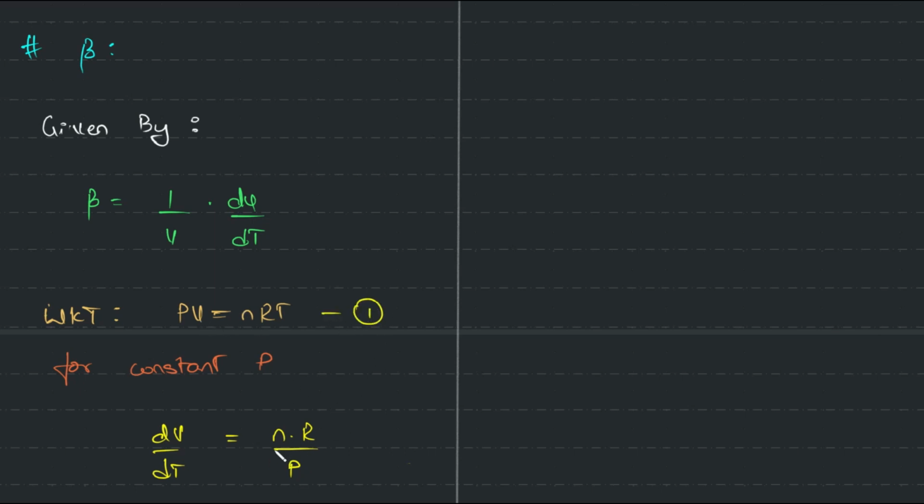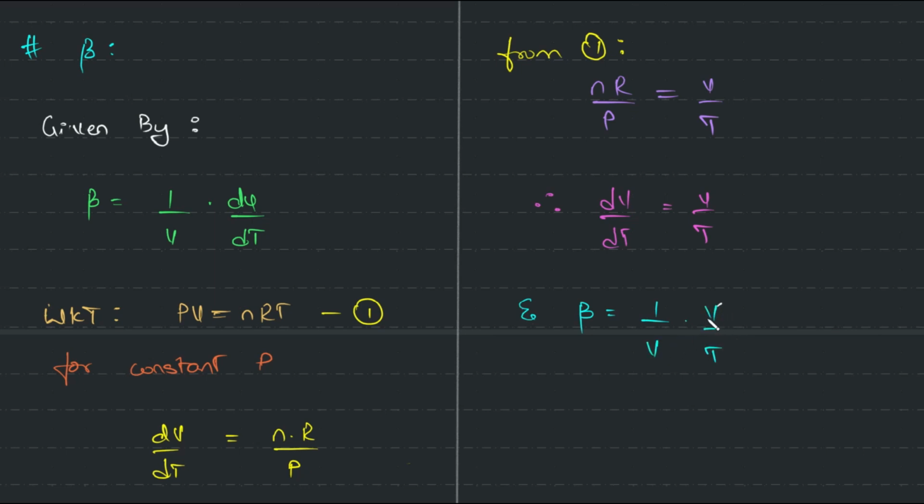So on differentiating, we get this, is it not? From 1, what we have is nR by P is equal to V by T. Therefore, dV by dT is equal to V by T, and beta is equal to 1 by V into V by T. So V and V get cancelled, and we have 1 by T. And that's that.